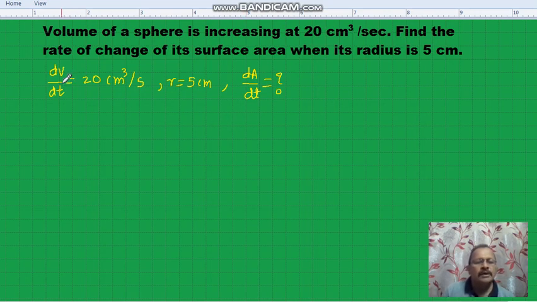So here, instead of one problem, there are two problems. Like in the previous one, first of all we will find dr by dt, then using that dr by dt we will find dA by dt.